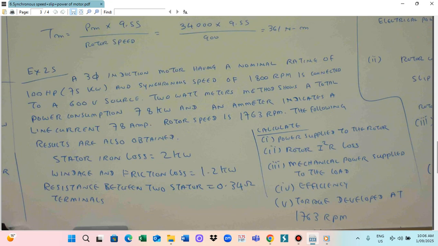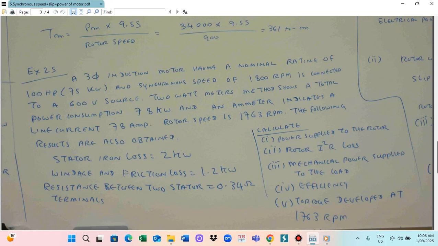The total power consumption is 78 kilowatt, and the ammeter measurement indicates the line current is 78 ampere. The rotor speed is 1763 RPM. We also know the stator iron loss is 2 kilowatt, the windage and friction loss is 1/2 kilowatt, and the resistance between the two stator terminals is 0.34 ohm. So those are the data we got.